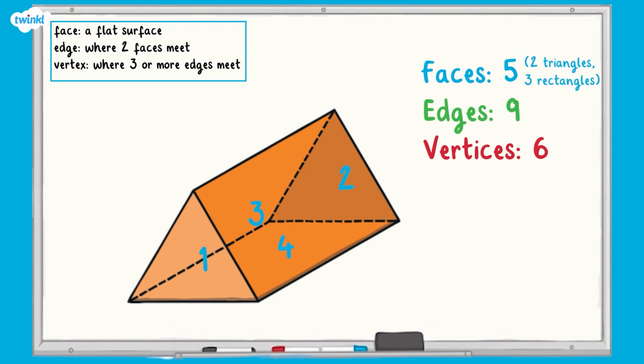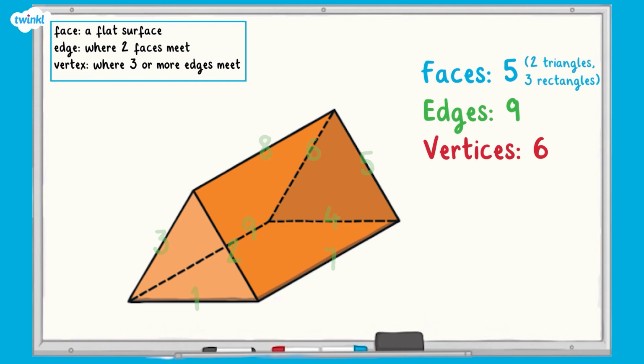3, 4, 5. We can repeat this for the edges, again starting with the ones that we can see each time. 1, 2, 3, 4, 5, 6, 7, 8, 9.